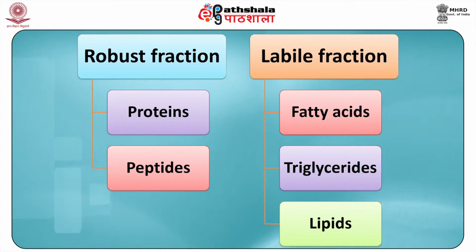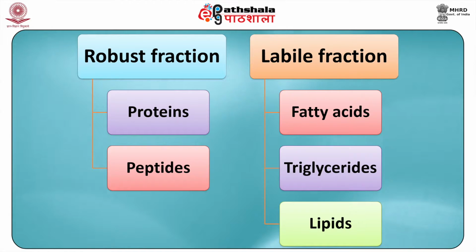In order to gauge the pathway by which oil red O detects fingerprints, it is pertinent to further subdivide the water insoluble category into two fractions: the robust fraction, which includes proteins and peptides, and the labile fraction, which includes fatty acids, triglycerides, and lipids.